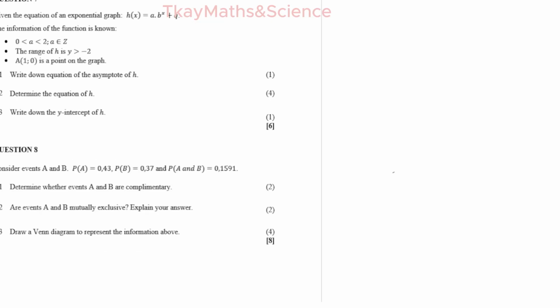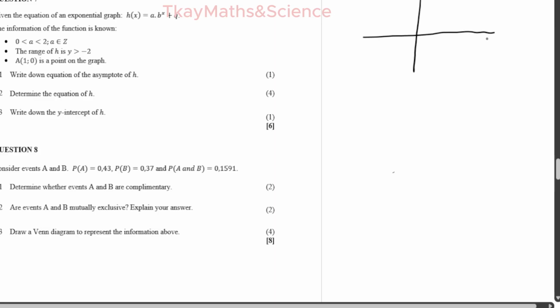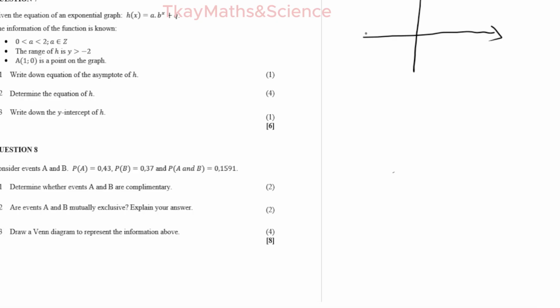Okay, let's sketch it. It's going to be like this. Normally that is the sketch of an exponential graph which has this form, y is equal to, let's say, a to the x, right? So here our asymptote is y is equal to 0.